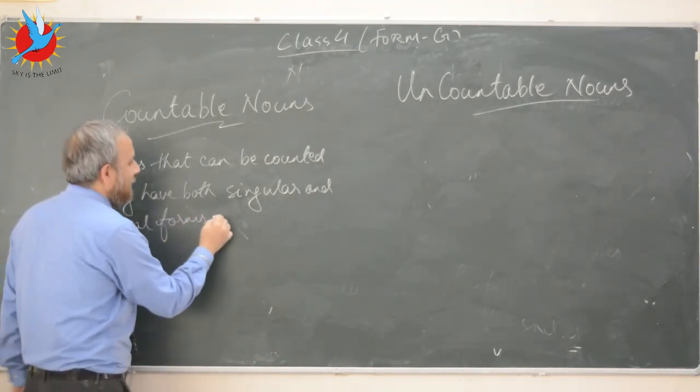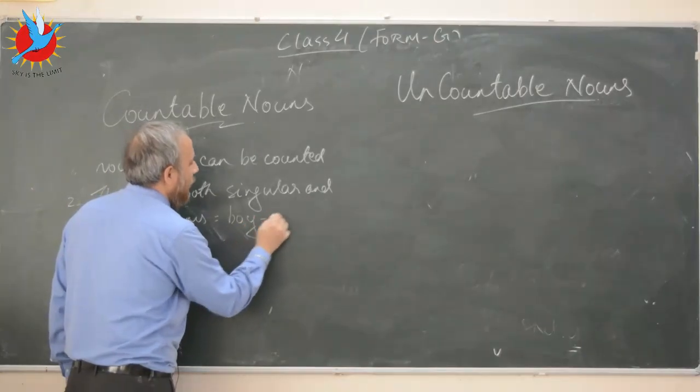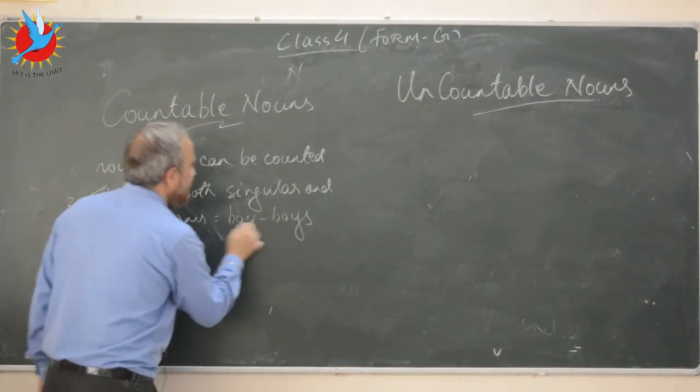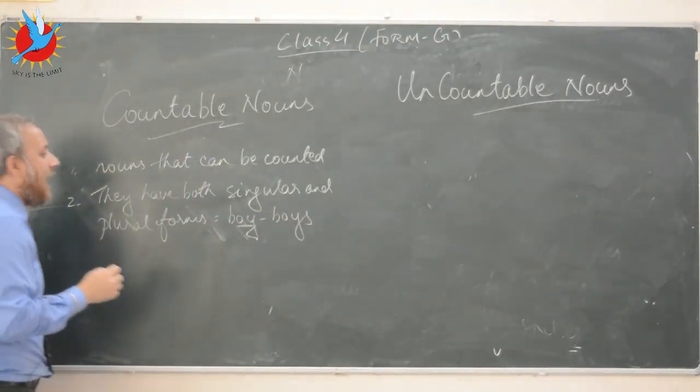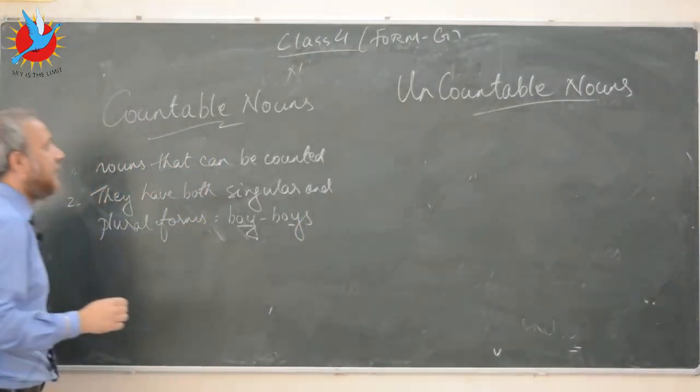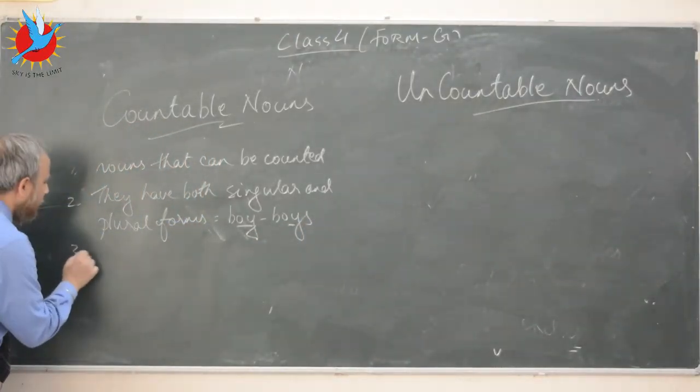What do I mean? I'll give you an example. Let's say boy, boys. This is the singular form of this countable noun, and this is the plural form of this countable noun.